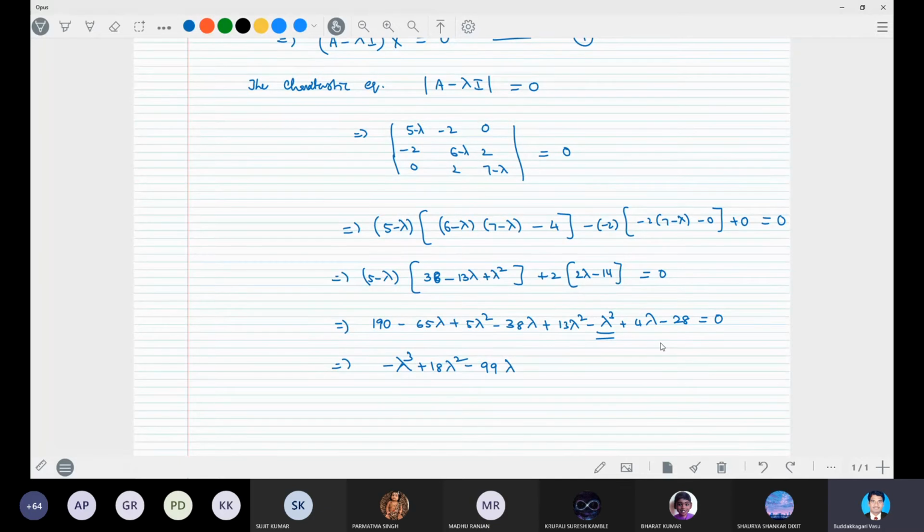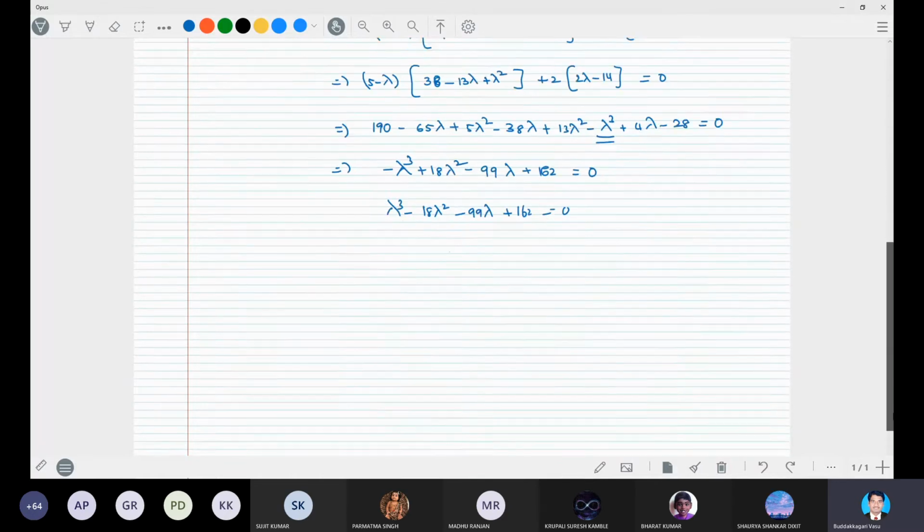Next 190 minus 28 is 162, is equal to 0. So we may write it as lambda cube minus 18 lambda square plus 99 lambda minus 162 is equal to 0.